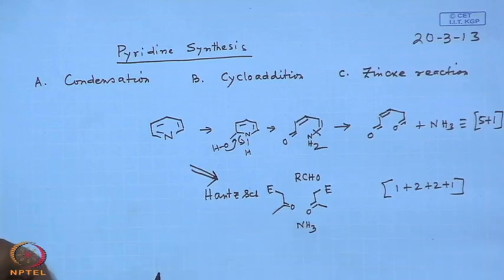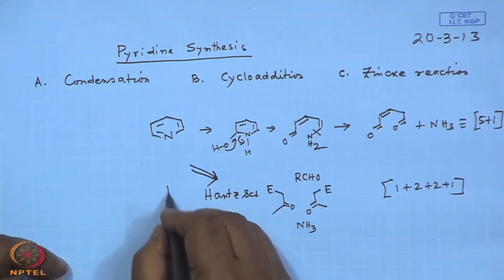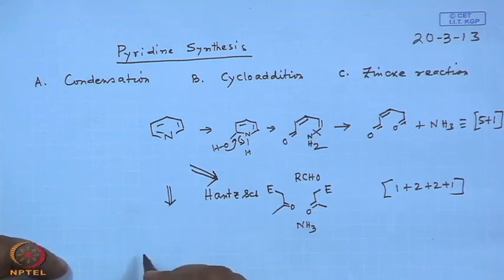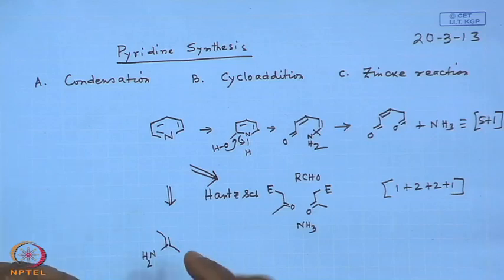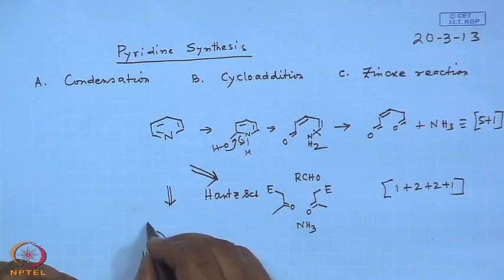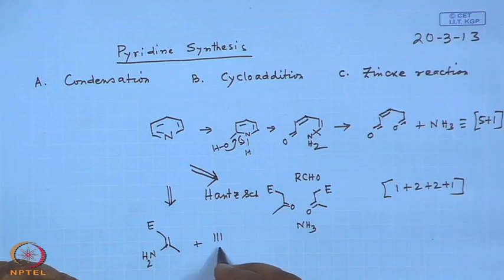This is very popular. Then there is one more, which is probably not studied that well, but is becoming a very important method of making pyridine. In this case you take an enamine, again with an ester, and acetylenic ketones, alkynyl ketones.